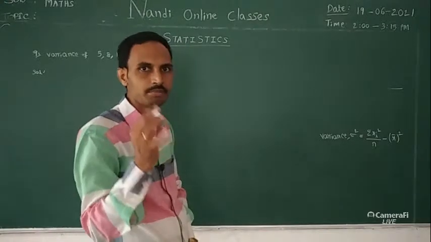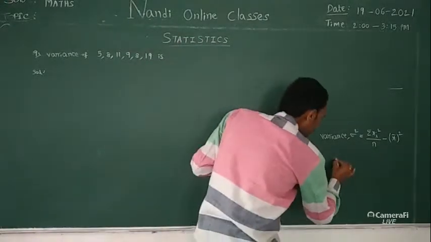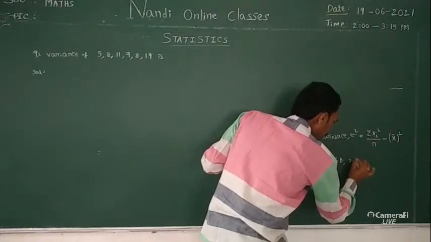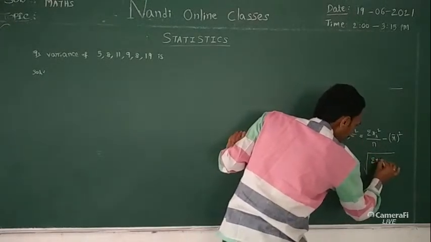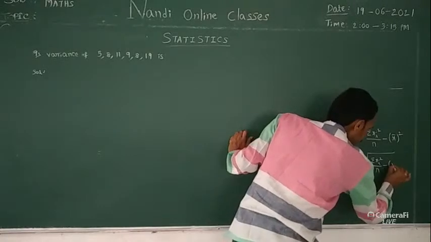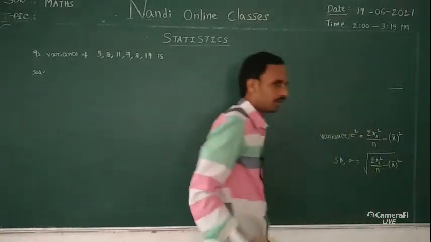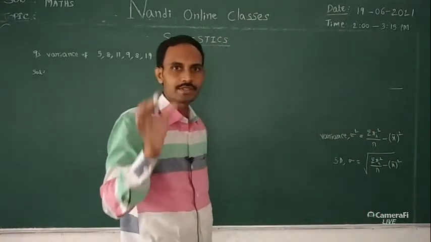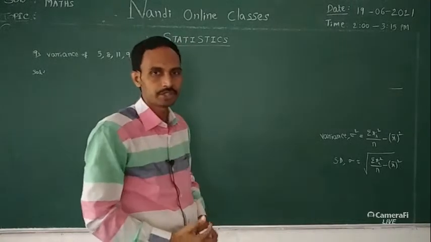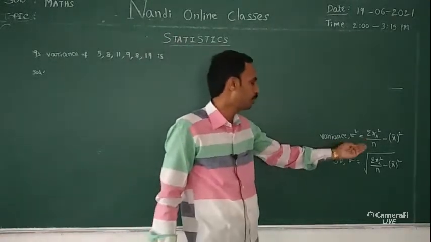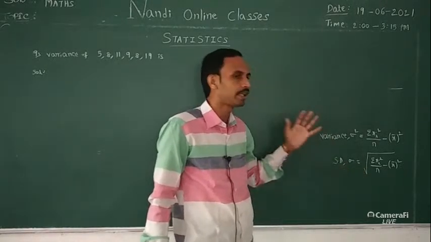The square root of variance is called standard deviation.